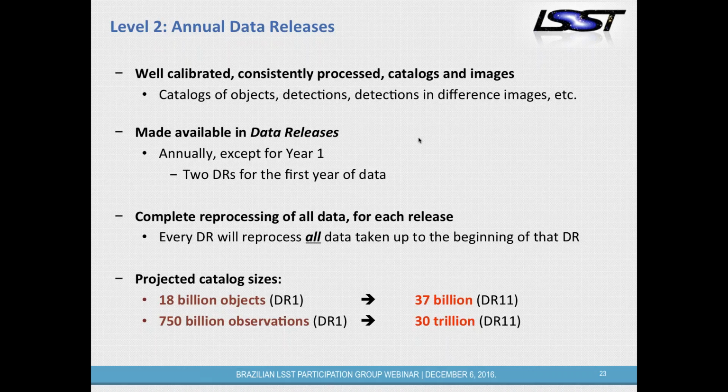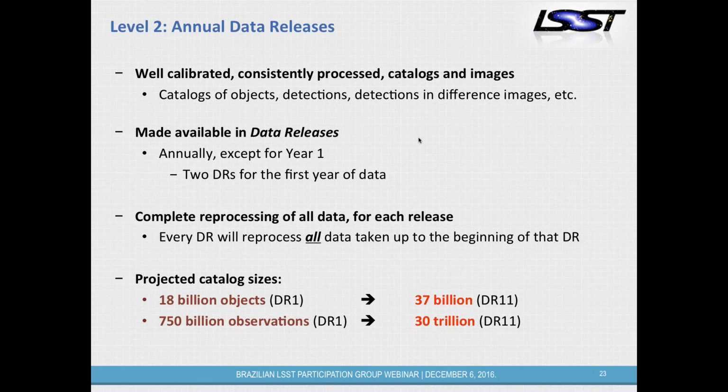We're finding new ways to measure objects, new ways to characterize objects with more precision and more accuracy. So having the ability to reprocess everything with the latest versions of code is really crucial to extract the most out of a data set like LSST.